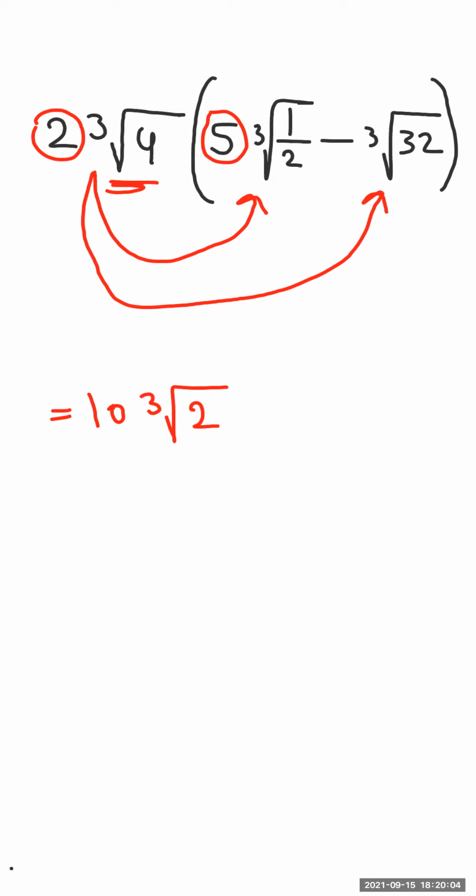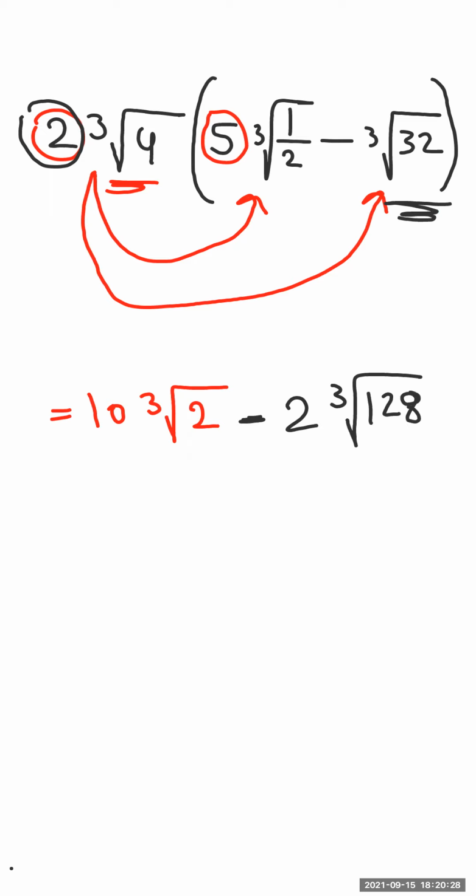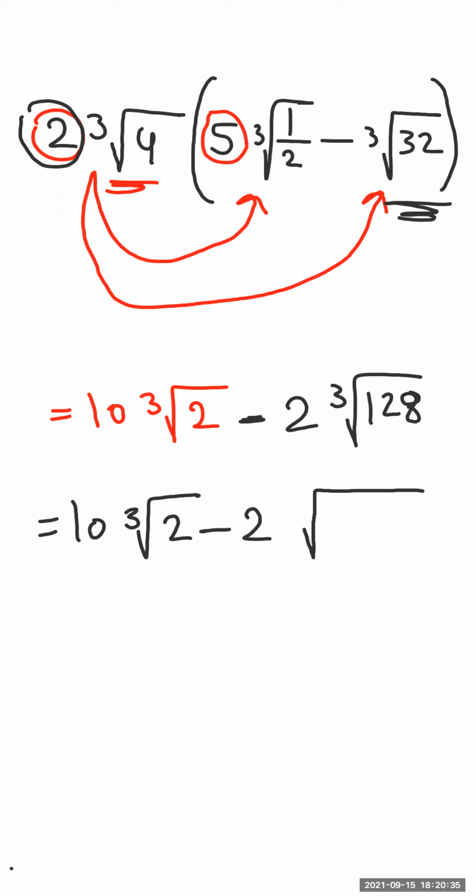Right. Okay, then the next term: 2 times the last term, so minus 2 cubic root of 4 times the cubic root of 32. So it will equal 2 times cubic root of 4 times 32, which is 128. Now simplify it. It will equal 10 cubic root of 2 minus 2 cubic root of 128, and 128 is 64 times 2.